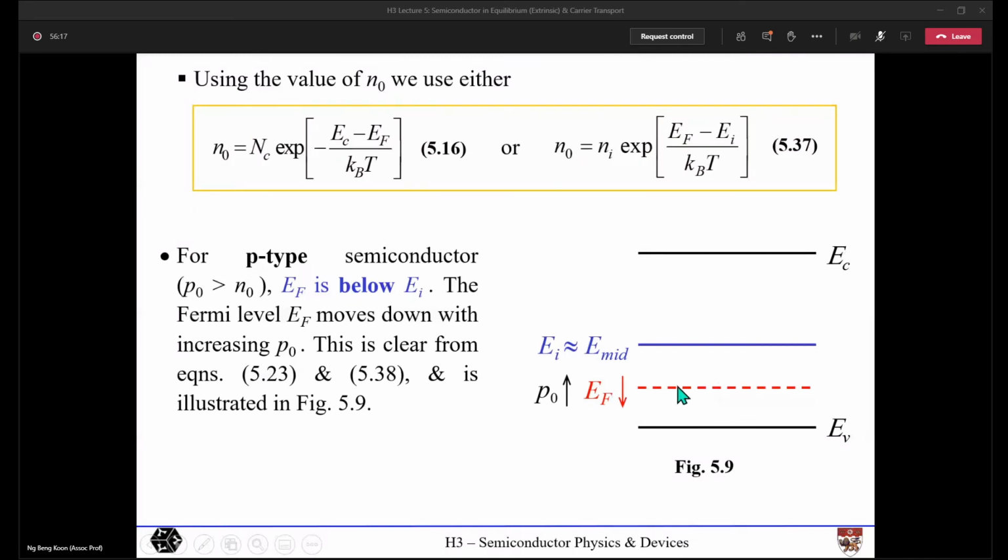For a p-type semiconductor, like I mentioned before, the Fermi level is below the intrinsic Fermi level. In fact, the closer you get to the valence band edge, the larger the hole concentration. So just from a figure itself, if you see the Fermi level below the intrinsic, it tells you that it's a p-type. That should be clear to you.